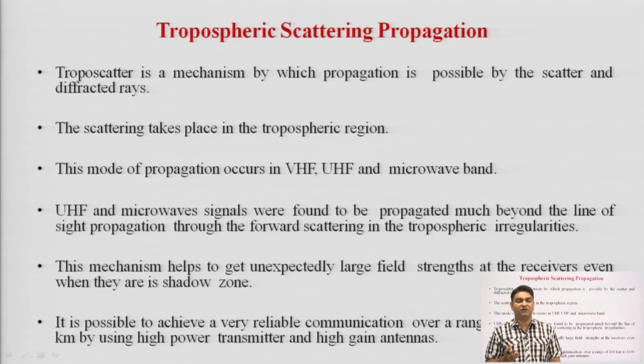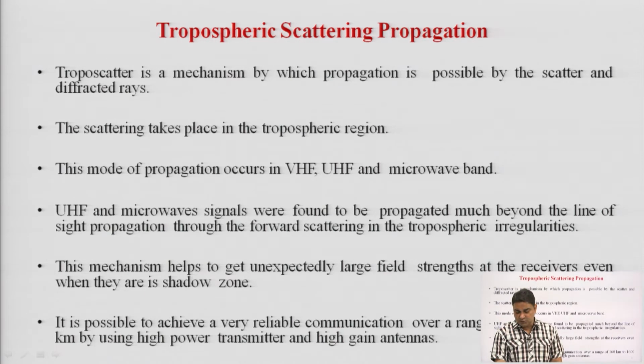UHF and microwave signals were found to be propagated much beyond the line of sight through forward scattering in the tropospheric irregularities. So, this is the result of the atmospheric irregularities which comes in the form of tropospheric scattering propagation. The mechanism helps to get unexpectedly large field strengths at the receivers even when they are in the shadow zone.